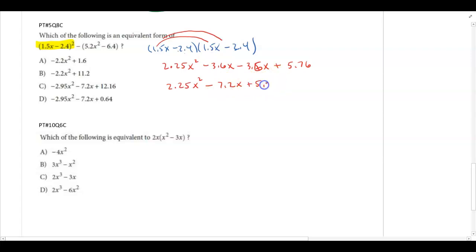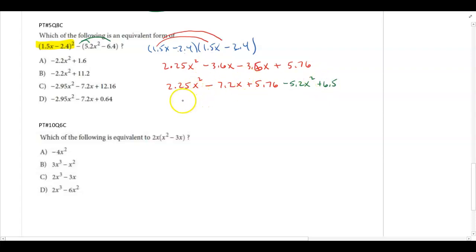Now I'm going to distribute this minus sign so that it becomes minus 5.2x squared, and then minus a negative 6.4 would be plus 6.4.